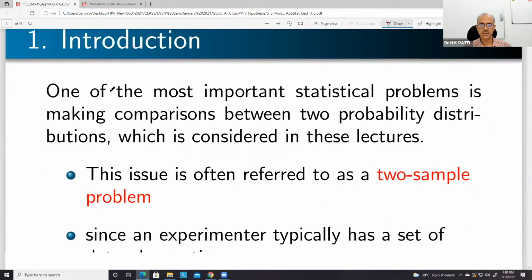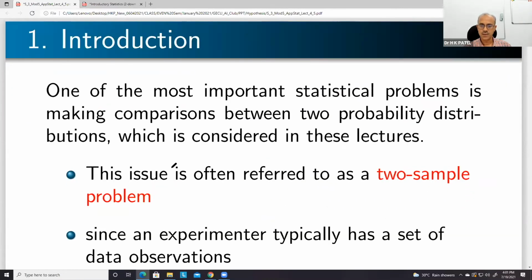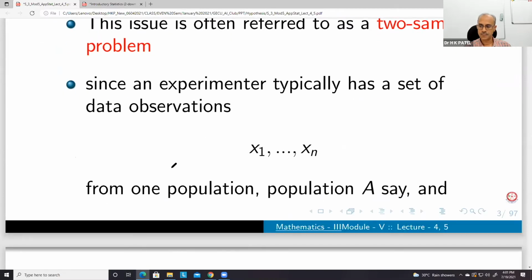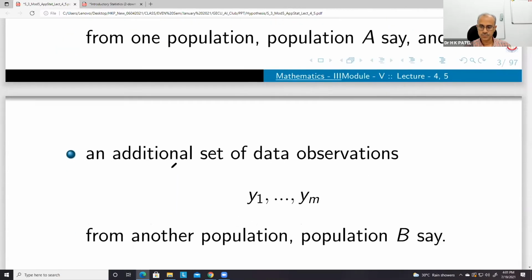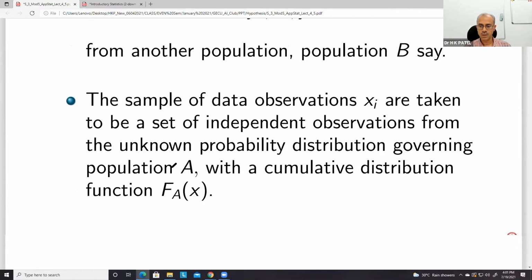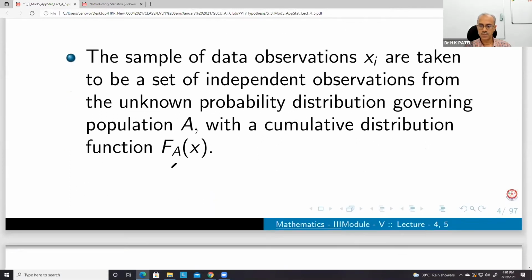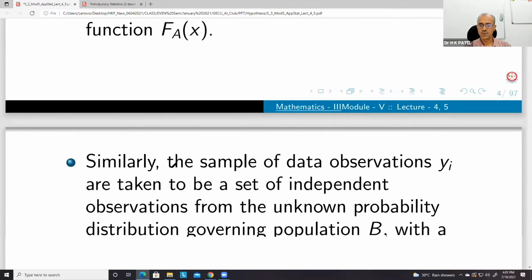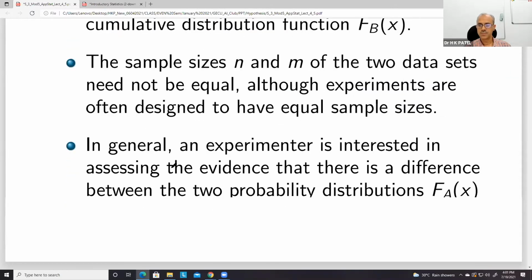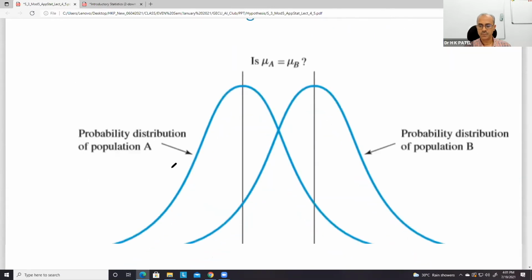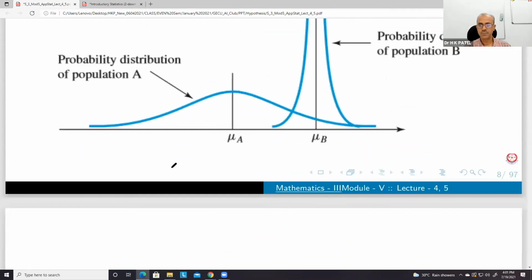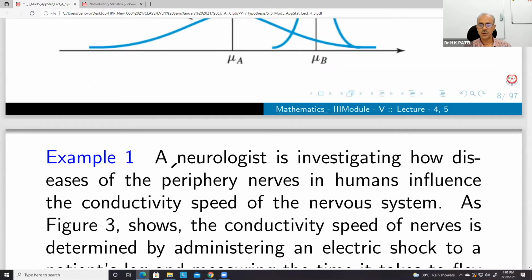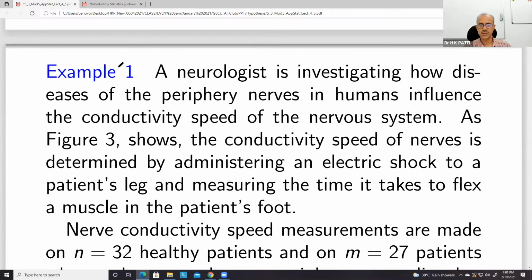So let us concentrate here on two samples. Let us see this example one.